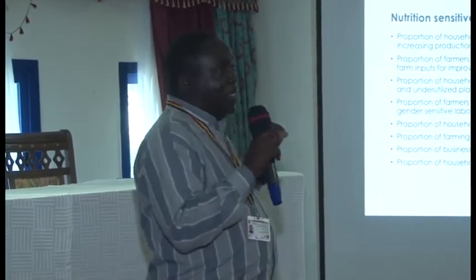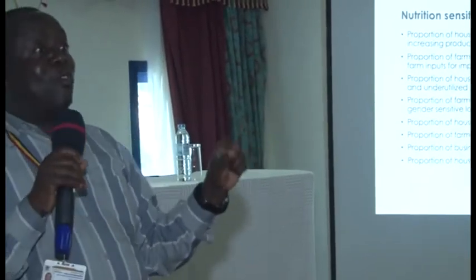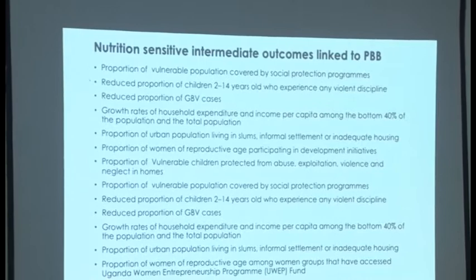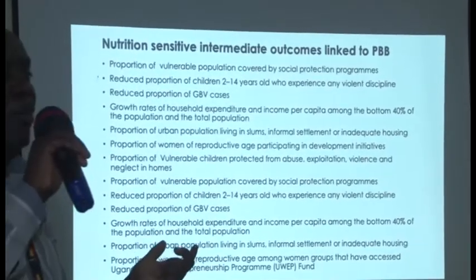So what does this mean? NIPN will play a role beyond the specific indicators and also look at those which are sensitive. Proportion of vulnerable population covered by social protection programs. Where do we find social protection programs?